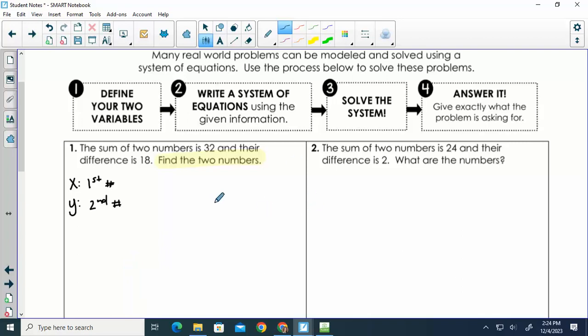Now we have to write an equation. So the first equation, it says the sum. What does sum mean? The sum of the two numbers, so x plus y, equals 32. So that's the first one. The sum of the numbers, so x plus y, is 32.